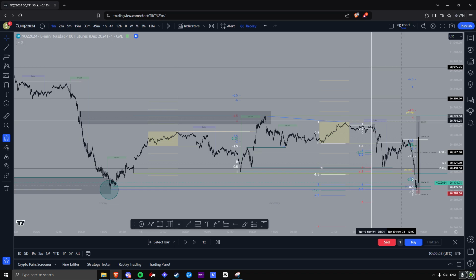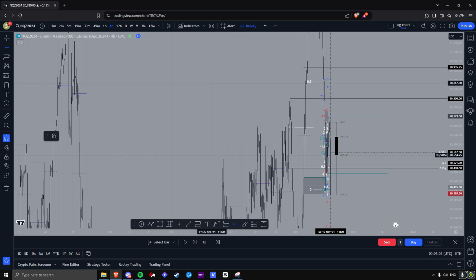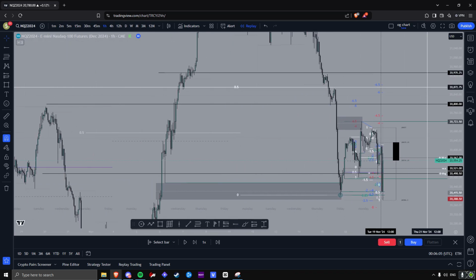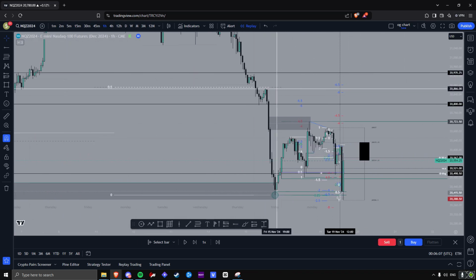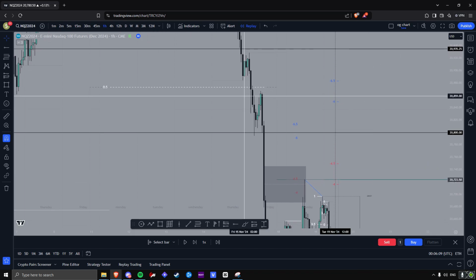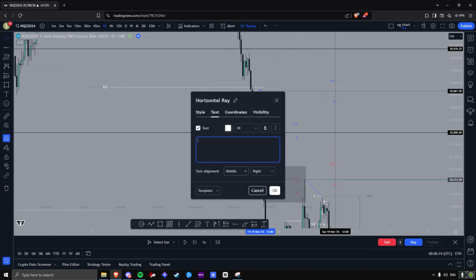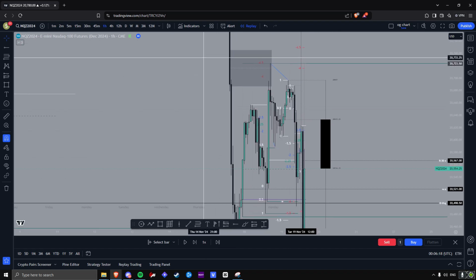So what do we have? Initially, I would like to see, since the last PD array on the higher time frame, this tapped into for order flow. That's the last high before this down move.